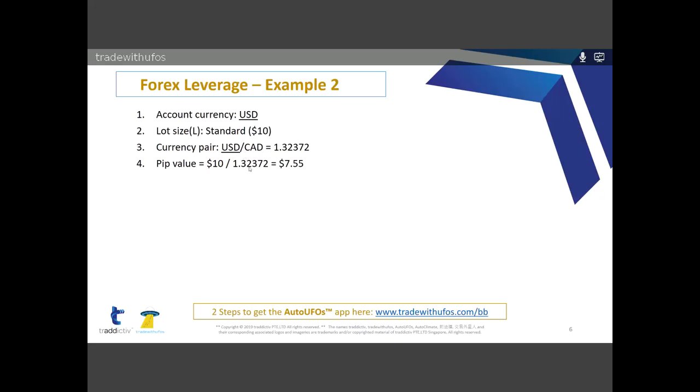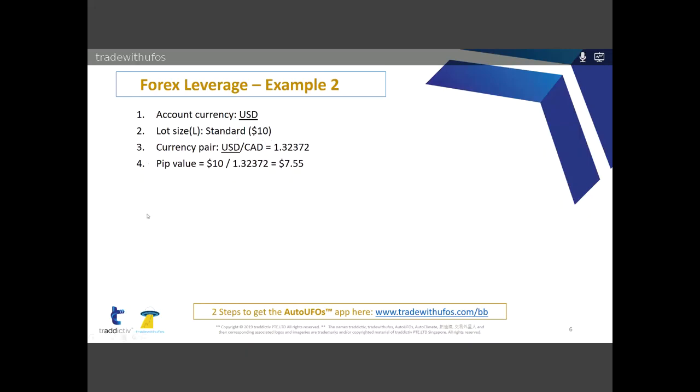So just dividing 10 by 1.3237072 gives us $7.55 per pip. So every pip change increment in the US dollar Canadian dollar pair is going to be a value of $7.55, because we're trading on a standard lot.